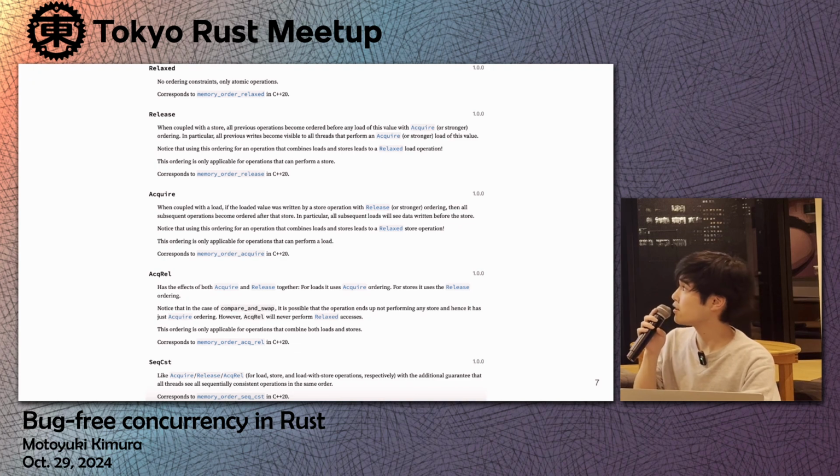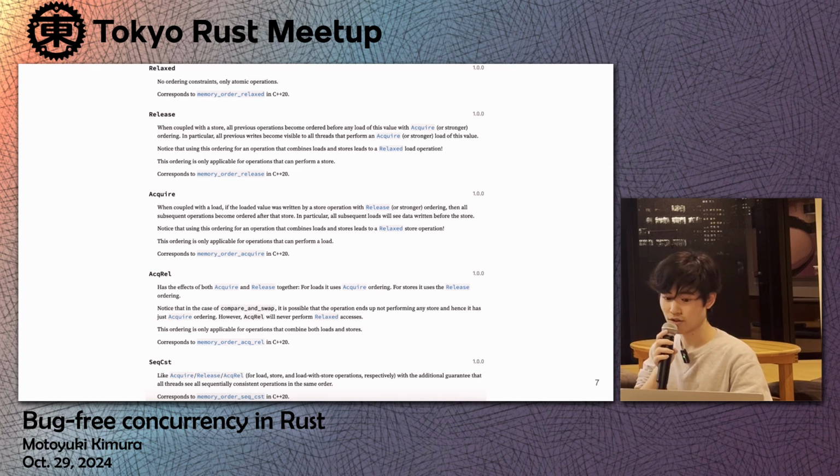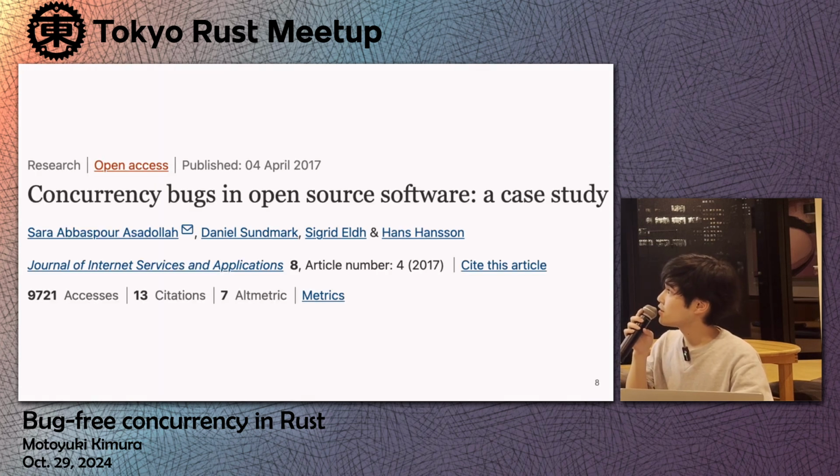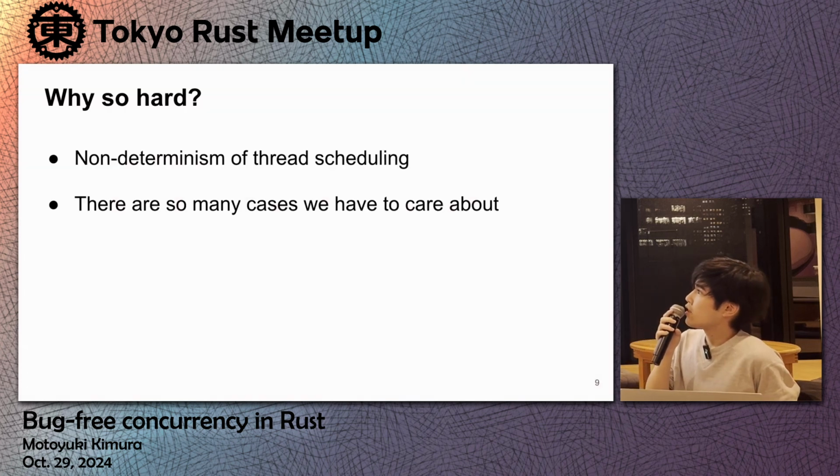Some of you may imagine this kind of image, which is taken from the memory ordering documentation in the Rust documentation, or there's even a paper that analyzes the complexity of concurrent programs. So why is it so hard? I think there are many factors, but the majority of the complexity comes from the non-determinism of thread scheduling.